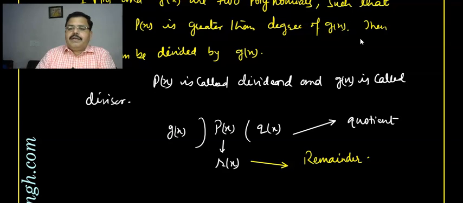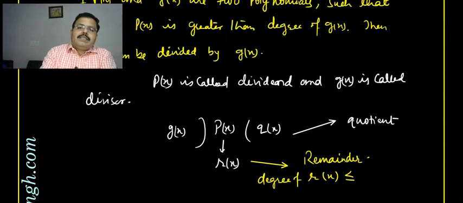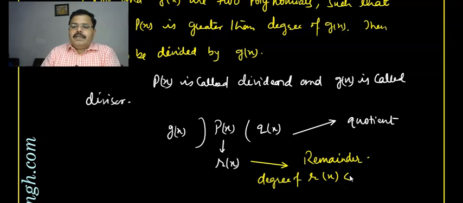Degree of remainder R(x) is always less than degree of G(x). Obviously, otherwise the division will proceed further.